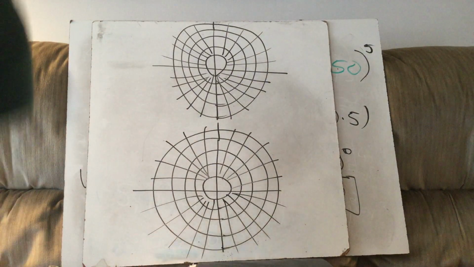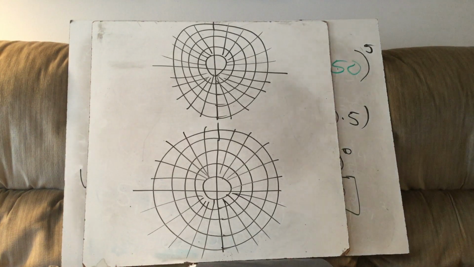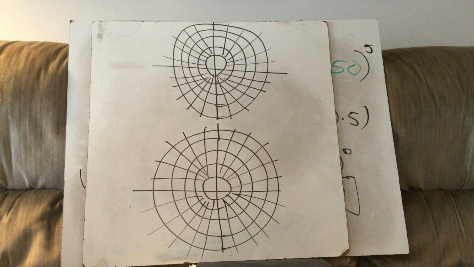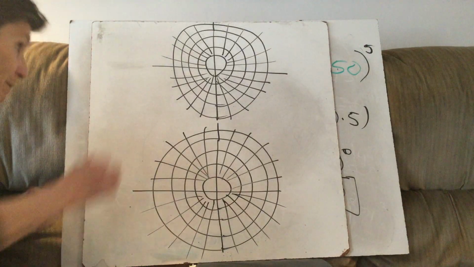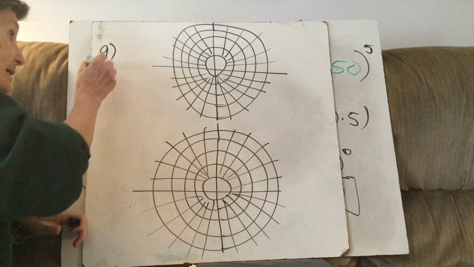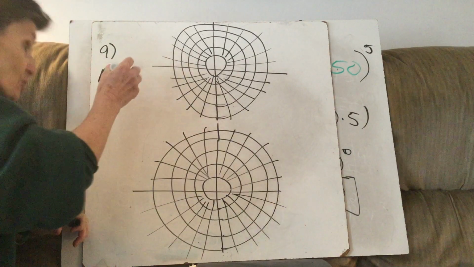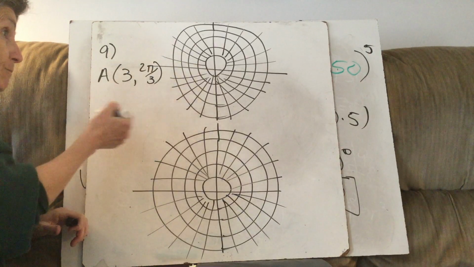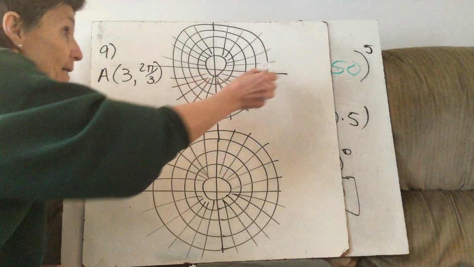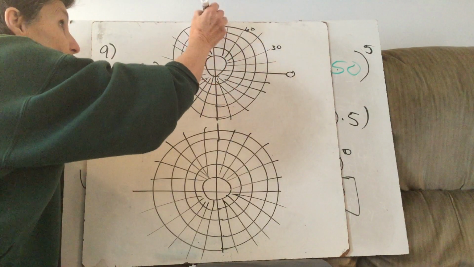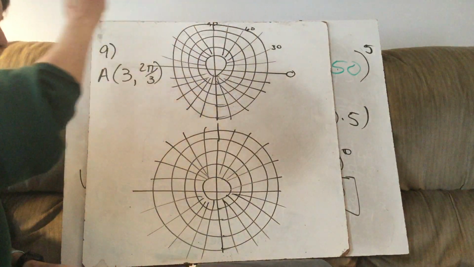Now we're going to plot a couple of things. So you've got much better, nicer graph paper than I do, but this is what I've got, so this is what I'm going to use. So problem 9 says we're going to plot point A, which is 3, 2 pi over 3. Now, first of all, your graph paper is labeled in degrees all the way around.